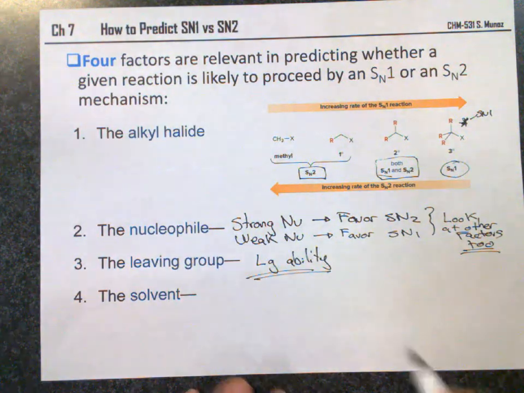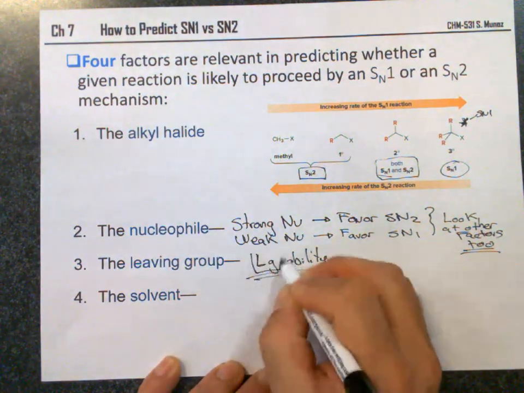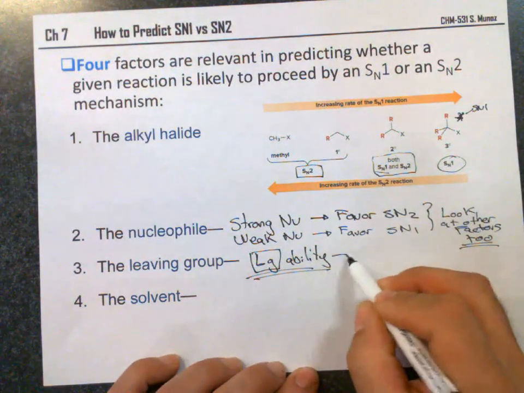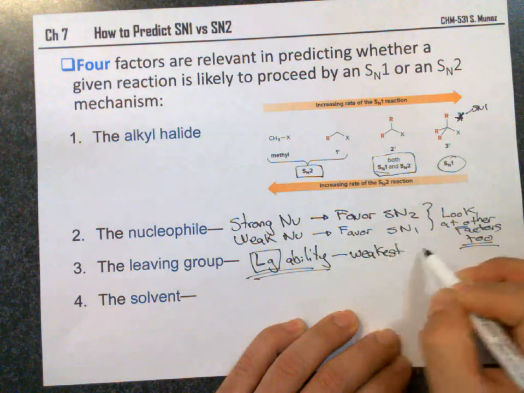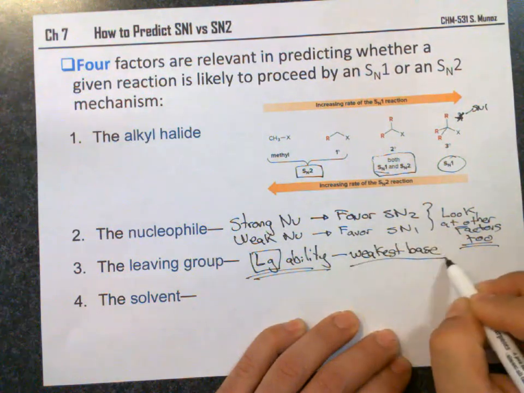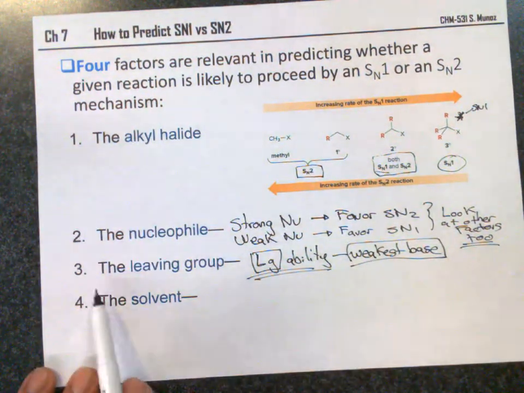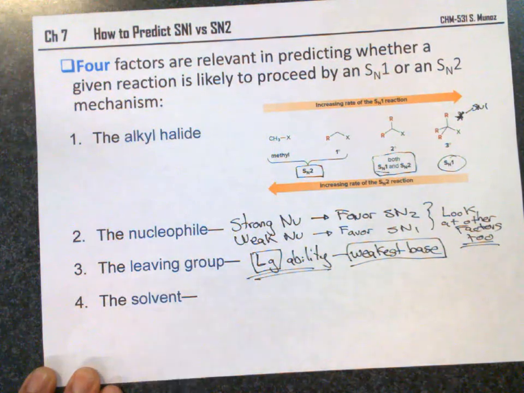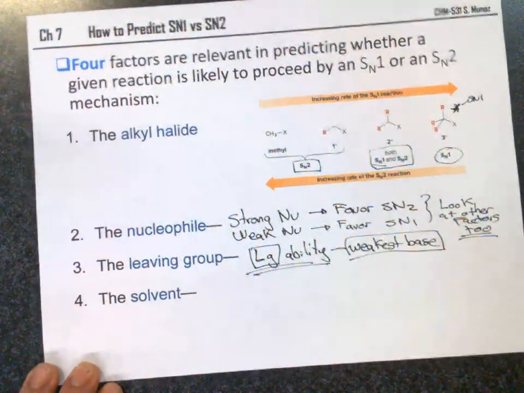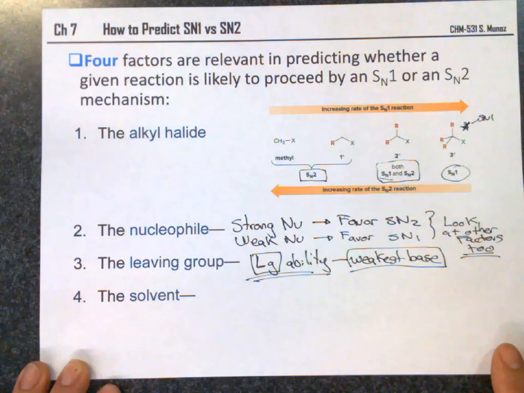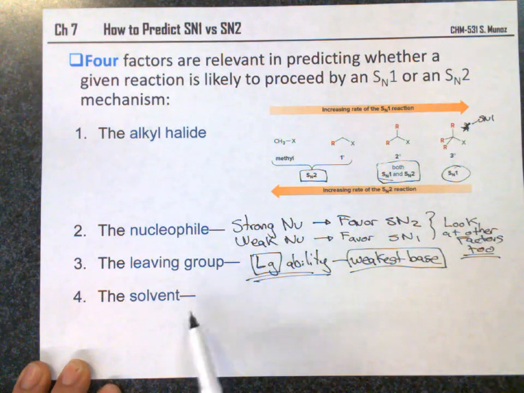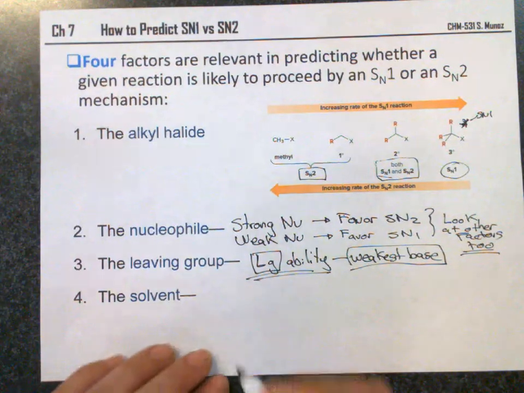And so we were correlating that. The leaving group ability, we can correlate that with the weakest base. And so this is not quite clear cut, because we can have SN1 and SN2 pretty much with all leaving groups. And so that's pretty much not a clear cut. But now the solvent is crucial.